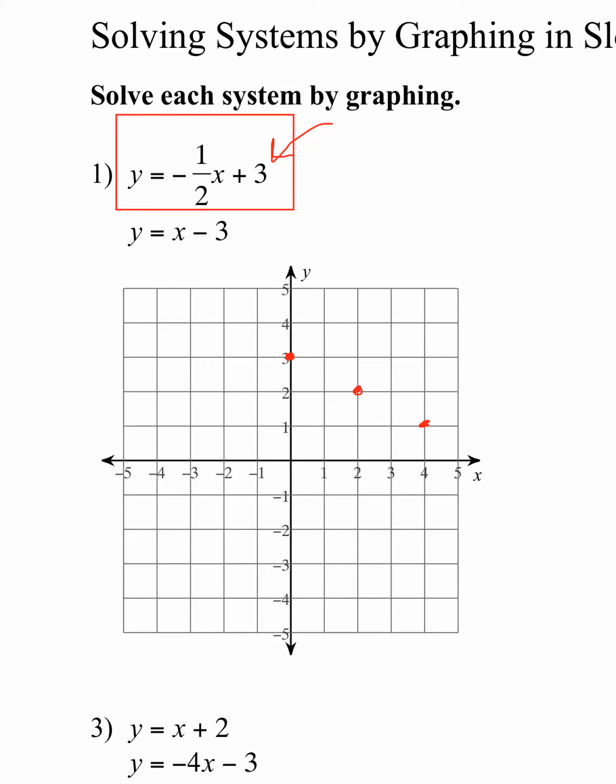If I go back to 3, go up 1 and to the left 2, there would be another point right there. I'm going to do it again, just so I have all my dots laid out that fit on the graph. Hopefully when I graph the second one, it's going to overlap one of these dots. Okay, so let's try it.